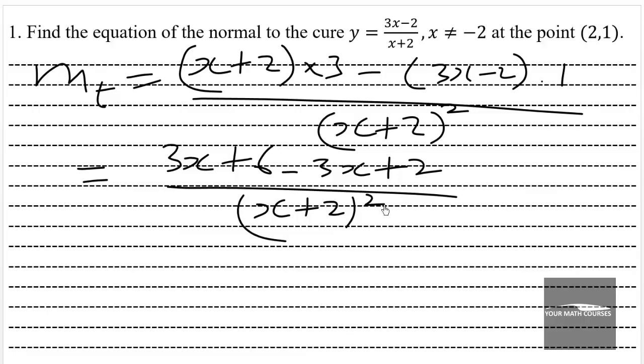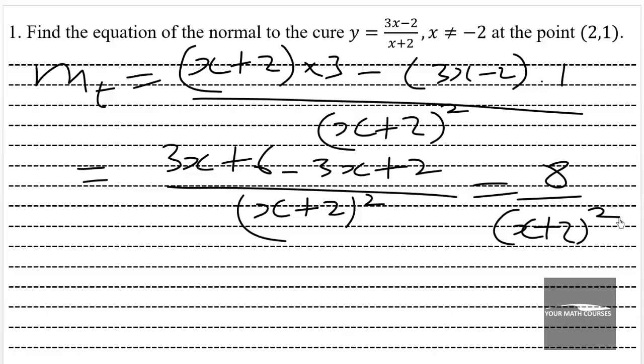So what do we do next? We simplify the top. That will give us 6 plus 2, which is 8. So dy/dx is 8 over (x plus 2) all squared.